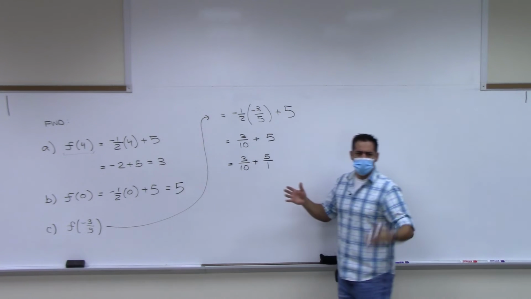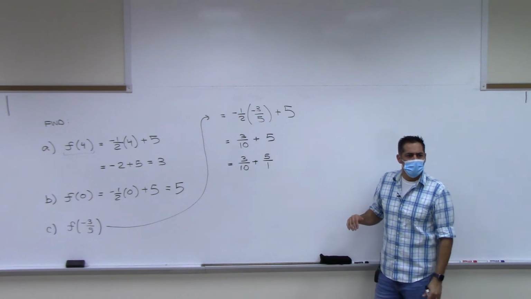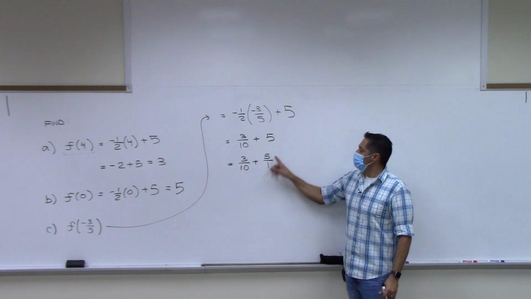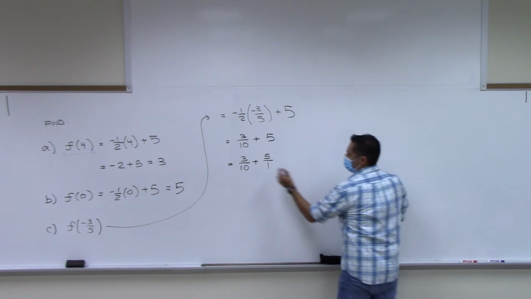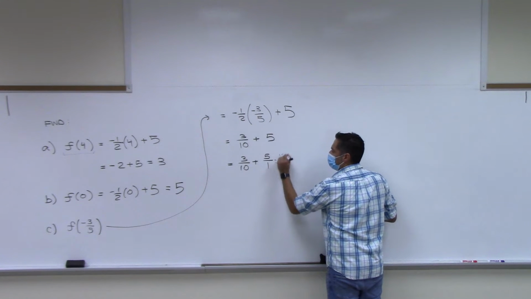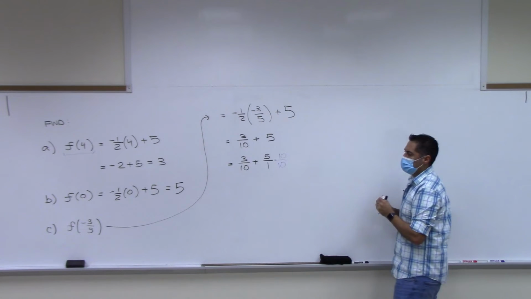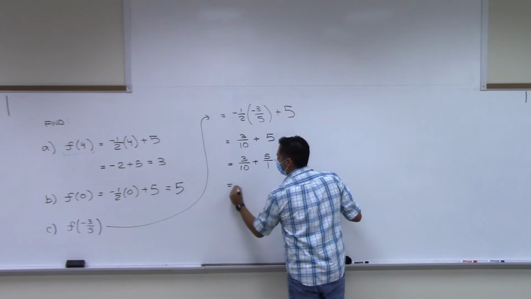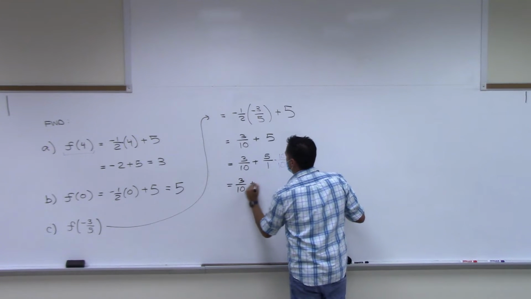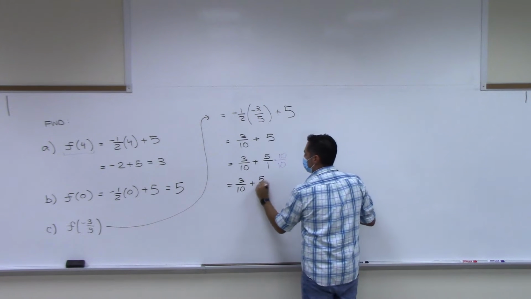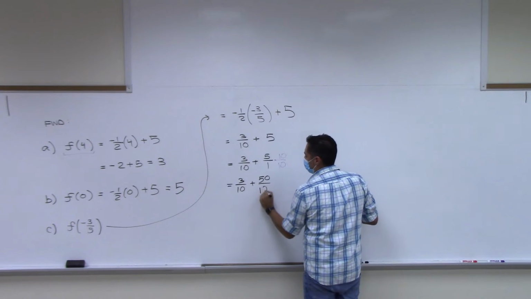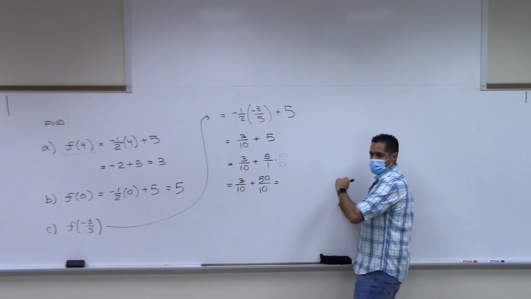And then how would you do this? I'm just curious. There's a couple of ways. Okay, so you're going to make a common denominator, so you multiply top and bottom here by 10, like that? Okay. So you would get 3/10 plus, let's see, 5 times 10 is 50, over 1 times 10 is 10. And now you can add them, right?